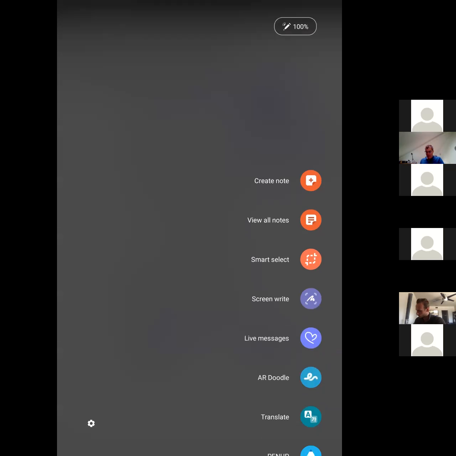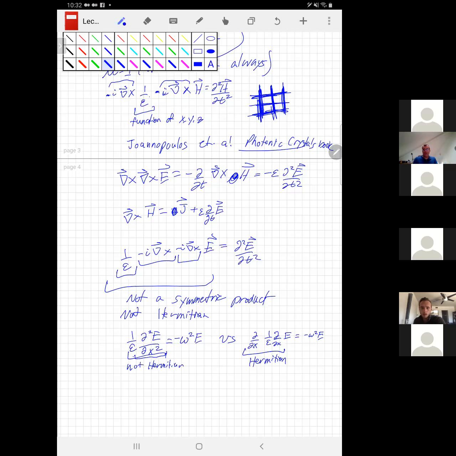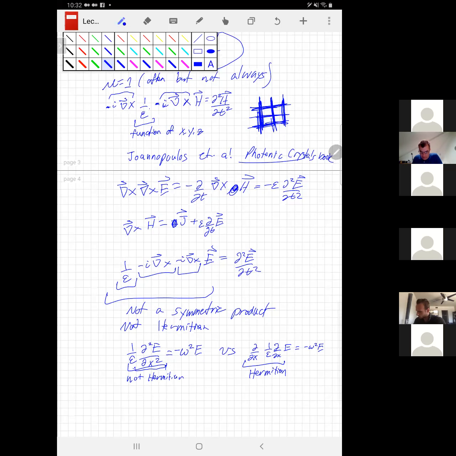But with just the tiniest amount of work, you can turn it into something that looks like the kind of equations that are set up in the textbook chapter, that look kind of like d by dx, p of x, d by dx, y equals lambda rho of x, y.